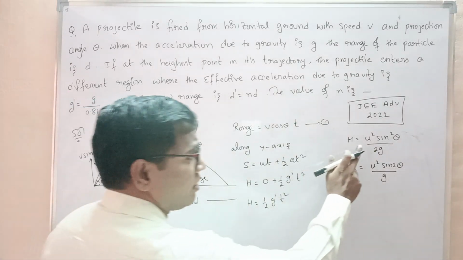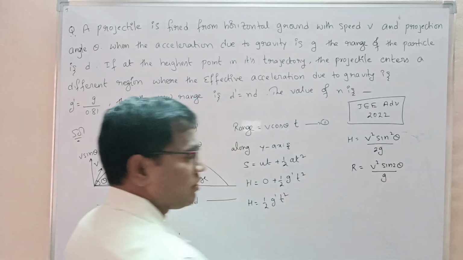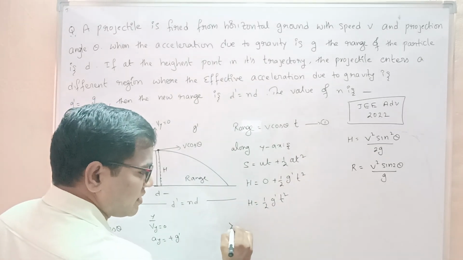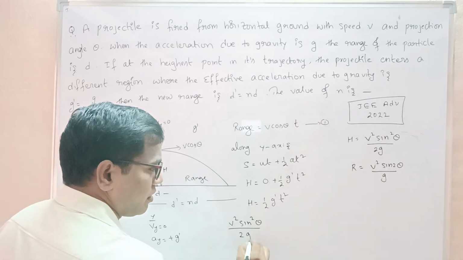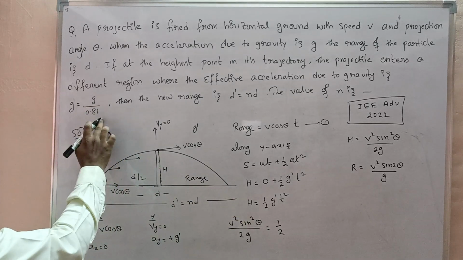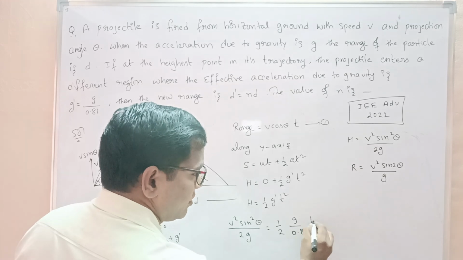So here I will change it to v. Now see the h formula. What is given? v square sin square theta by 2g is equal to half g dash. What is g dash? g upon 0.81, into t square.